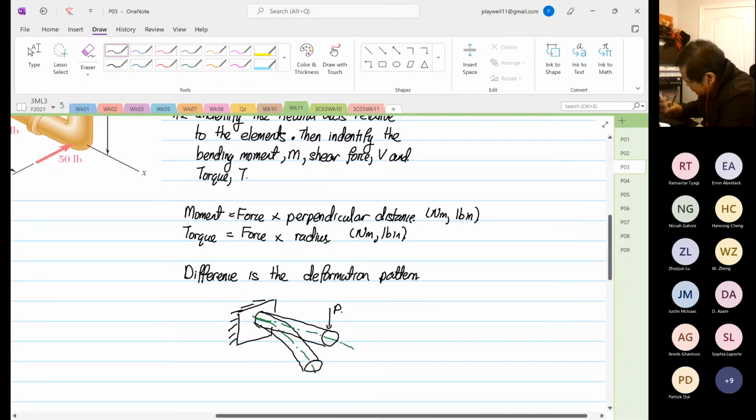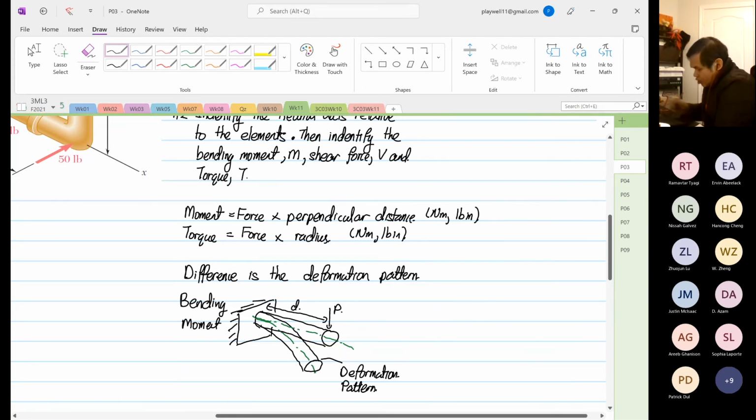That is your deformation pattern, and this is due to bending moment. So you have force multiplied by your perpendicular distance, what I call D.